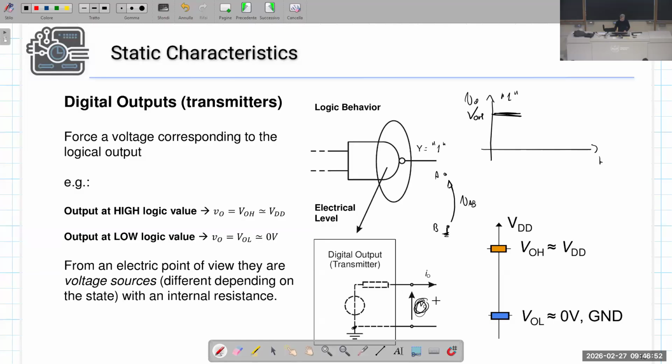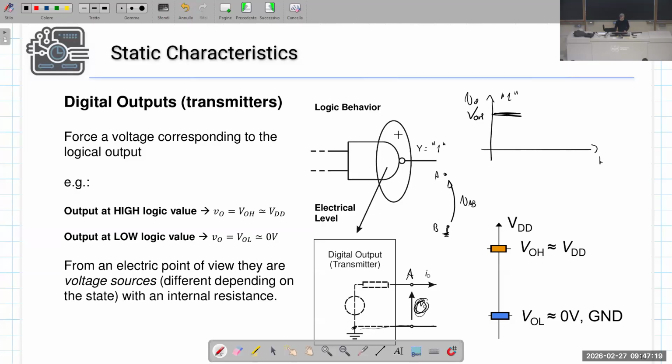So when we indicate the output voltage VO of the gate, we implicitly indicate that this is the voltage between the output terminal of the gate and this reference potential. Is that clear?